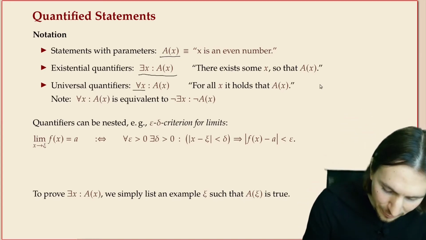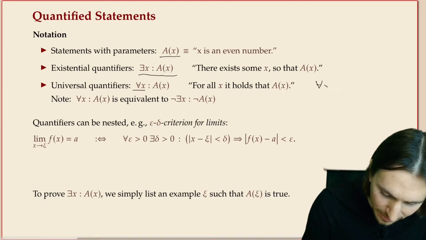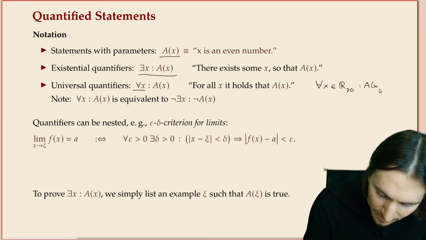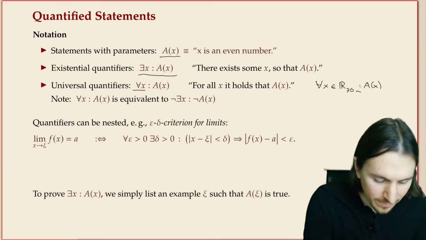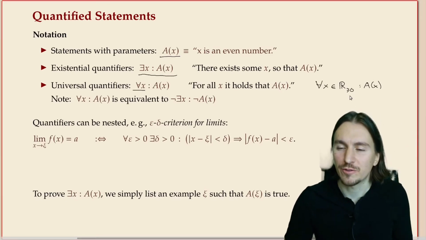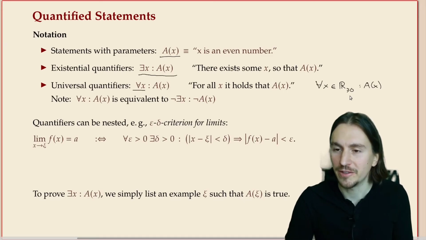And often people write things like this, for every x in R greater or equals 0, a of x, or something like that. So you often explicitly list the range of values for x that are allowed here.